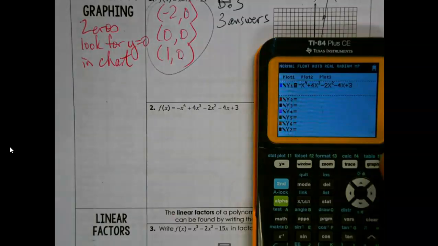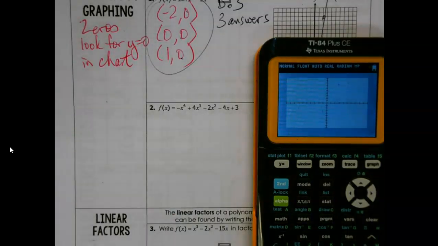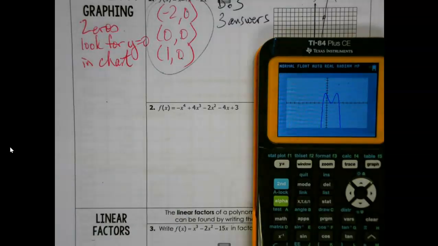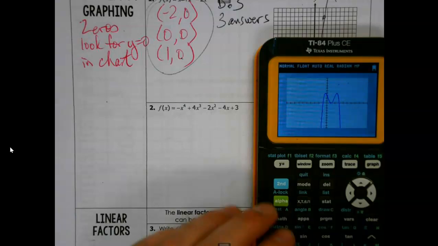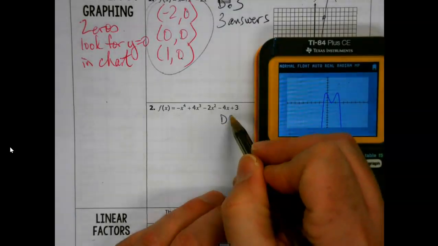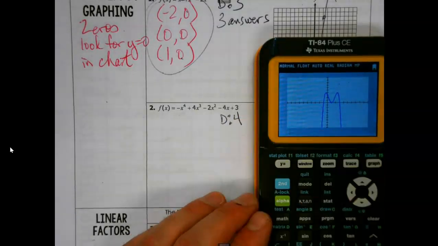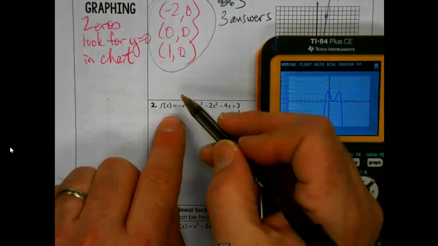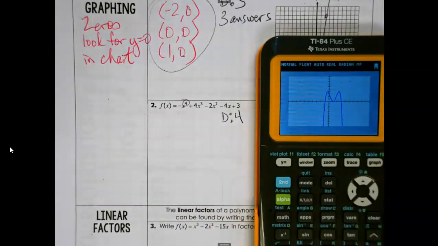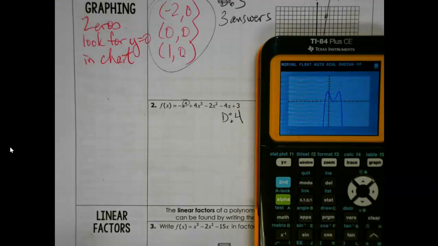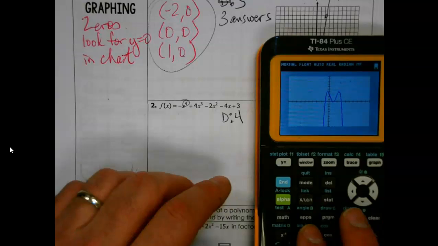So once we get it in, let's kind of see what she looks like. So I look and I go, okay, so normally here, my biggest exponent was 4. So it'd be degree 4. So there might be 4 answers, might be 2 answers. It depends.